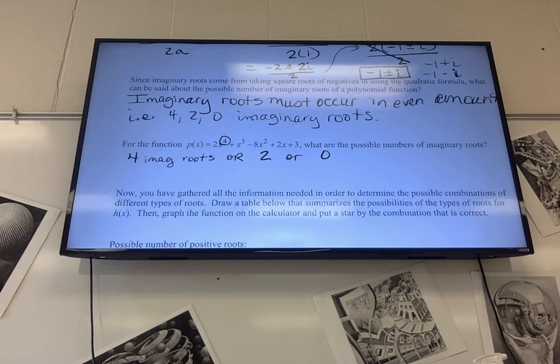And the 4 came from the degree. Now, if the degree had been 5, the answer would be the same here. It would be 4, or 2, or 0. Because you can't have an odd number of imaginary roots.